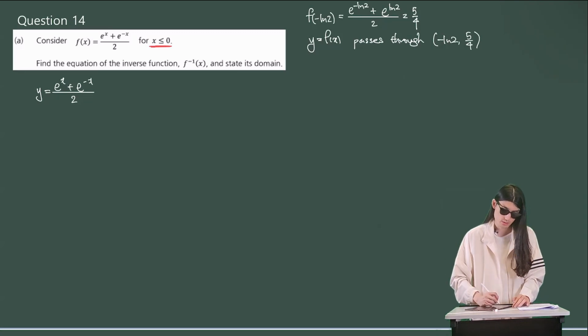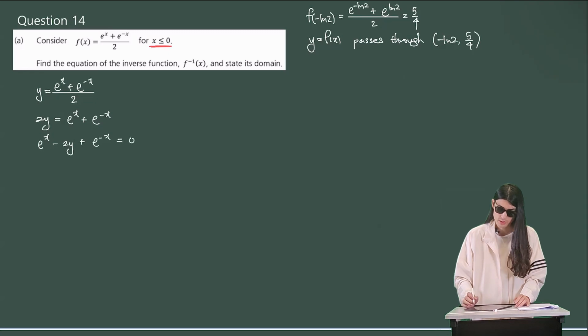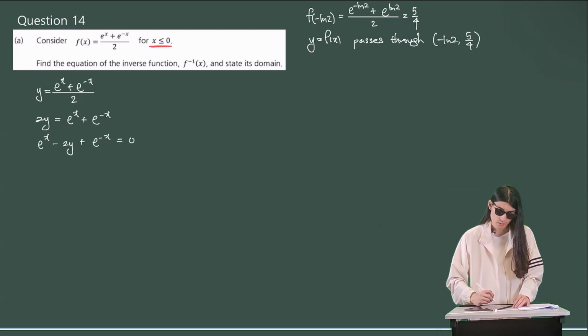Make x the subject. So multiply both sides by 2. Move everything over to one side of the equation. Multiply both sides of the equation by e to the power of x. Why?